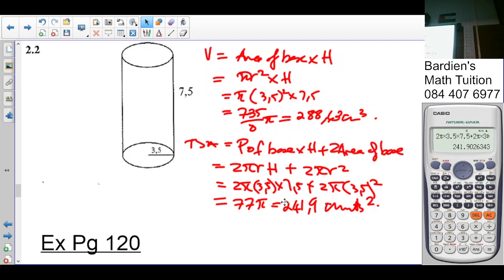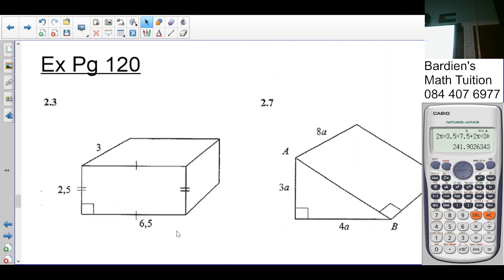You guys got that when you worked it out. Okay, good. 288, yeah, this one. 241. Okay, let's look at number 2.3.